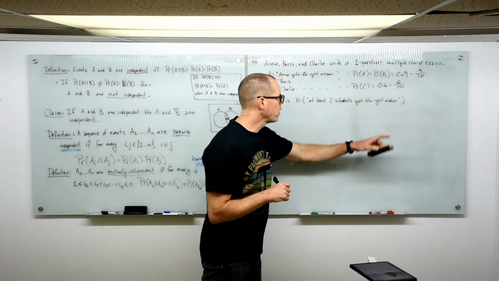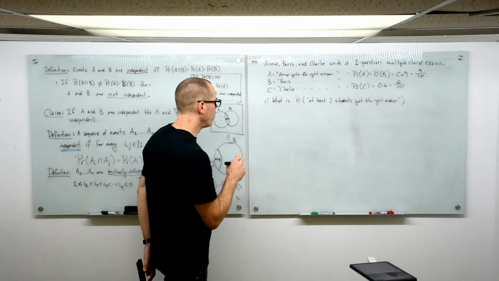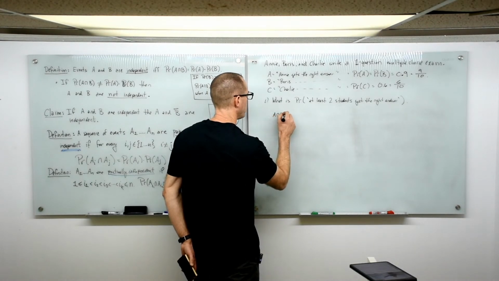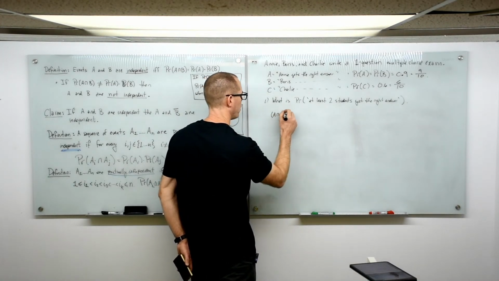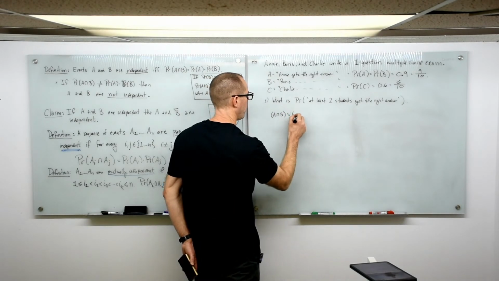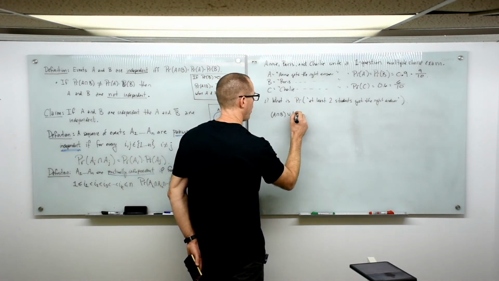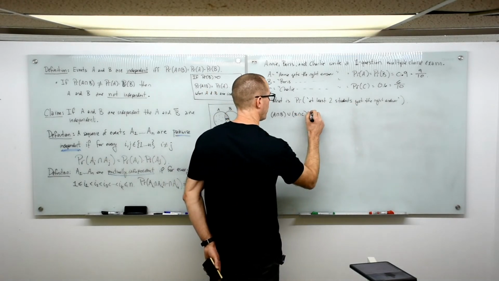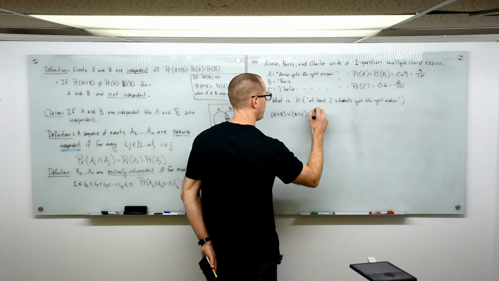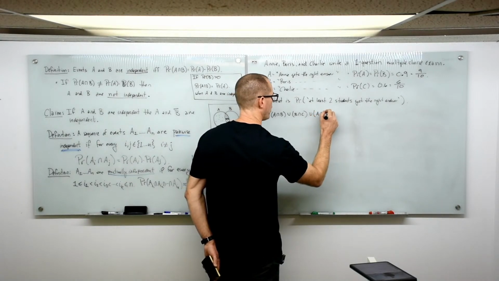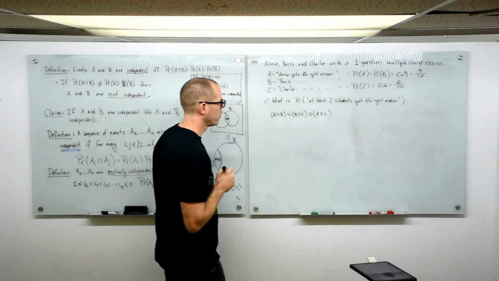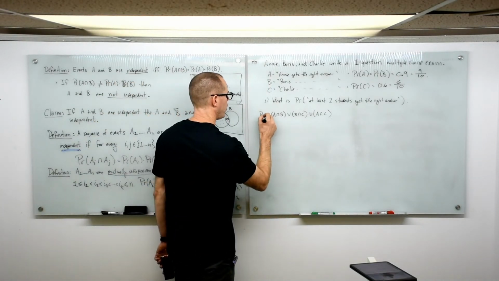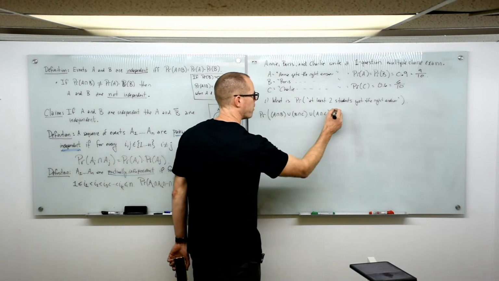At least 2 students get the correct answer. Well, that could be that Annie and Boris get the correct answer, or maybe Boris and Charlie get the correct answer, or maybe Annie and Charlie get the correct answer. So that's the probability that I'm interested in.